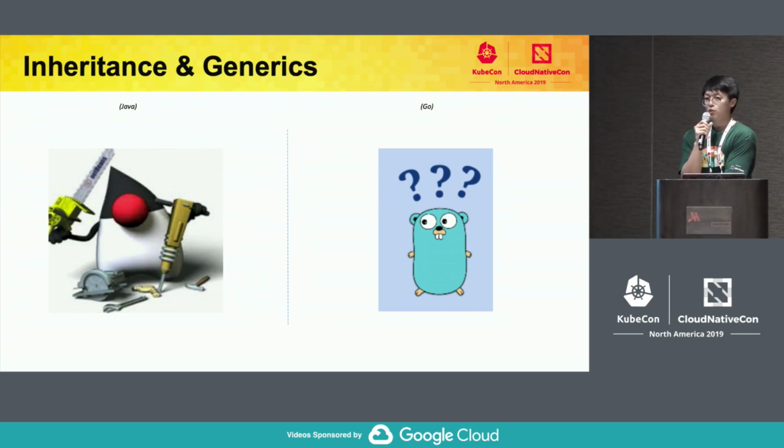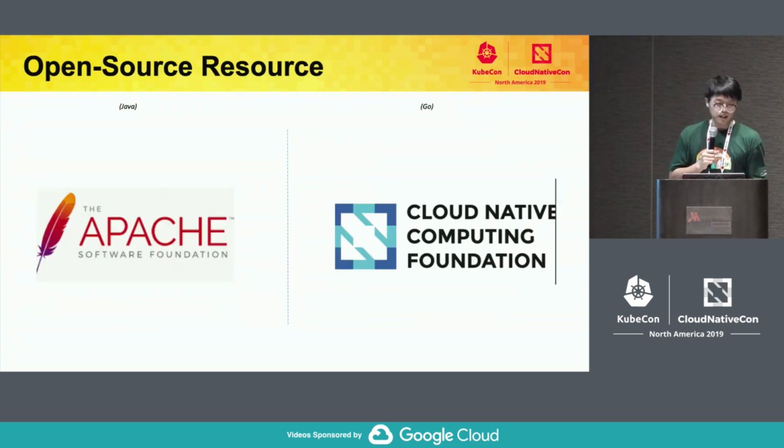You just pass the node and pod resources as a type parameter, while in Go we're using a code generator to generate all the stuff. Those generated code are really duplicated, and that's all because Golang doesn't fully support inheritance and generics.